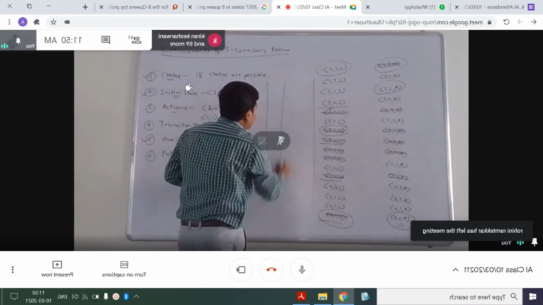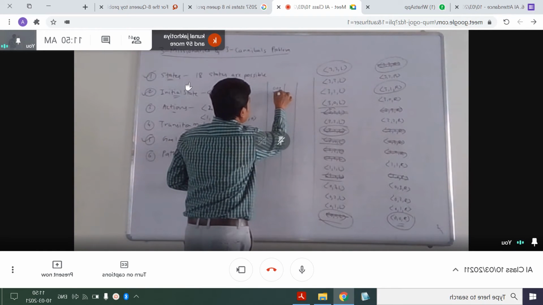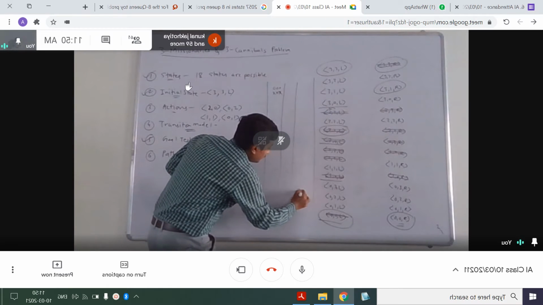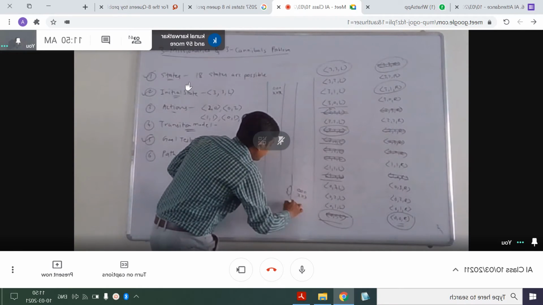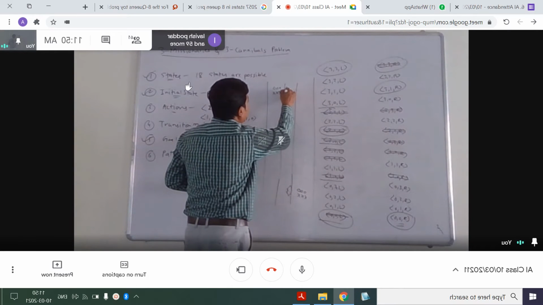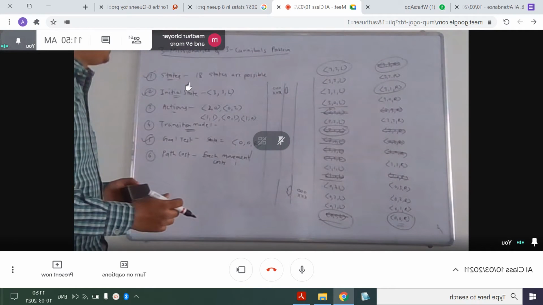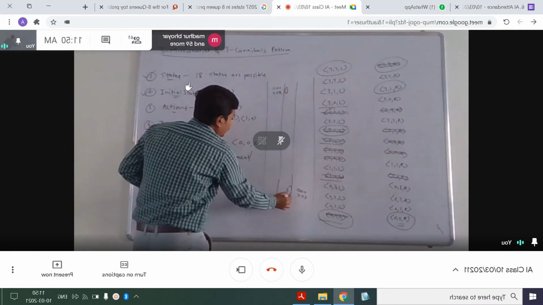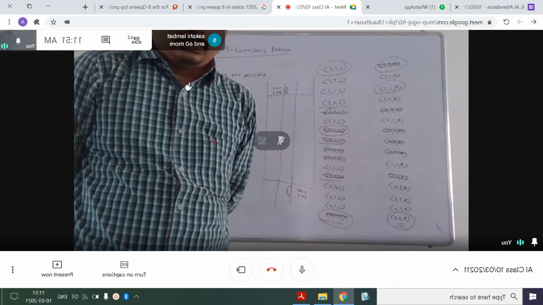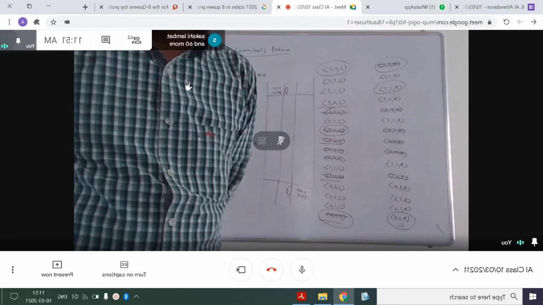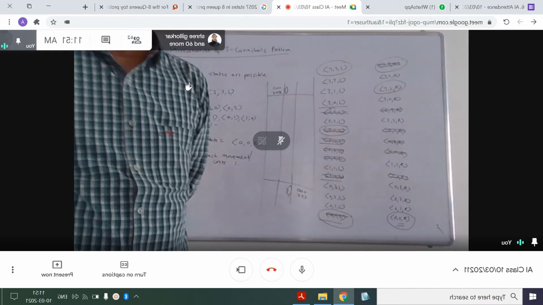Consider this is a river. We have 0 0 x x x here, and ultimately we want 0 0 x x x on the other side. Find out the solution and tell me the number of moves required. This is my starting point and this is my end point. You have to ensure that cannibals should not outnumber missionaries. Anyone?